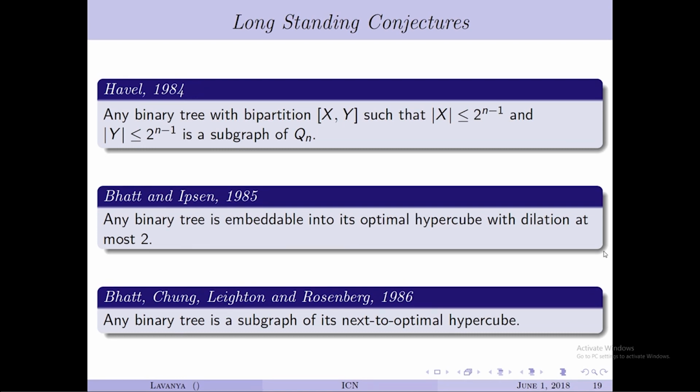That means that if an 8 node graph does not sit inside an 8 node hypercube as a subgraph, I know it will sit inside a 16 node hypercube. So I can go one dimension more, instead of going 4, 5, 10 dimensions; I can at least talk about the optimal and next to optimal hypercube. So this was also proved. I have just given the corresponding authors who proved this. So any binary tree is a subgraph of its next to optimal hypercube.